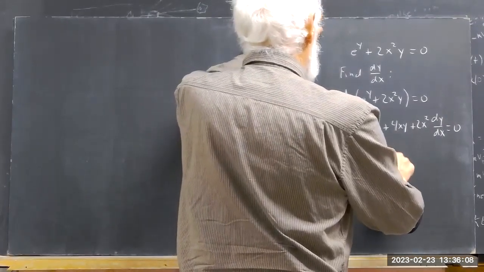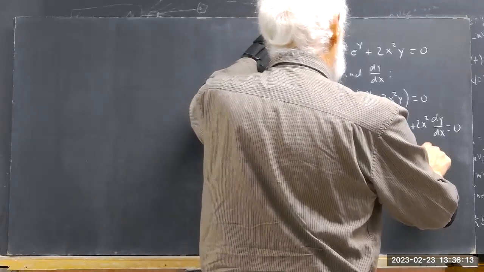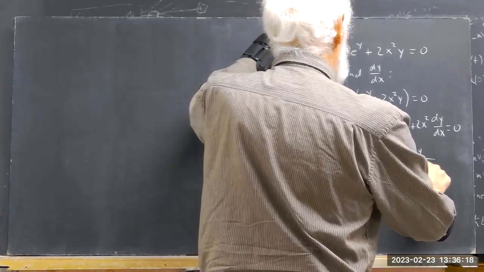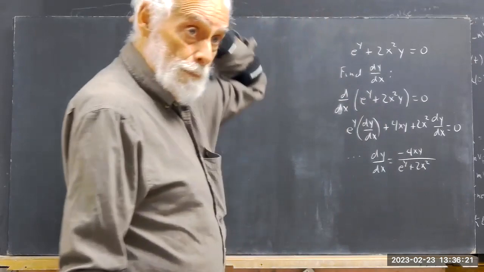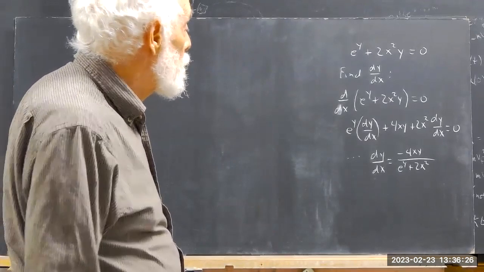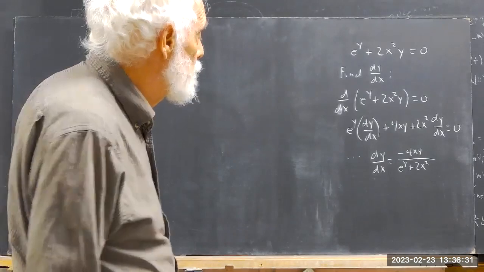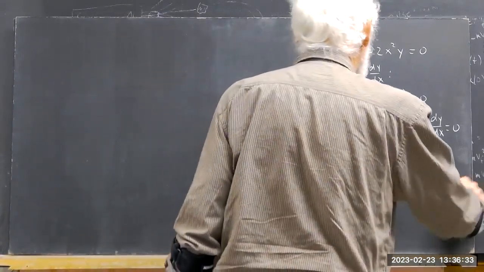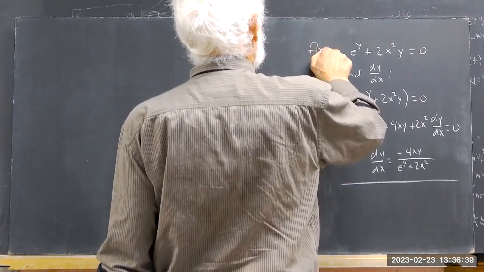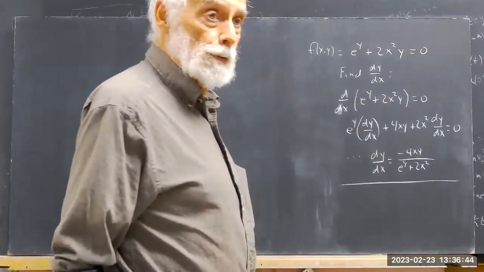So we can rearrange that: dy dx would equal negative 4xy divided by e to the y plus 2x squared. So this is f of x, y equals e to the y plus 2x squared y equals 0.